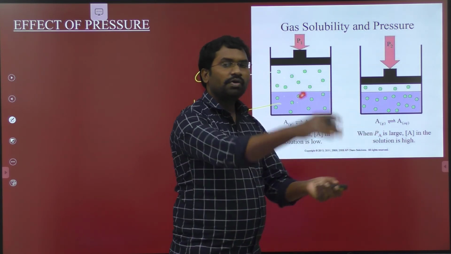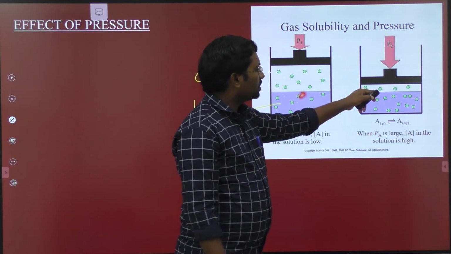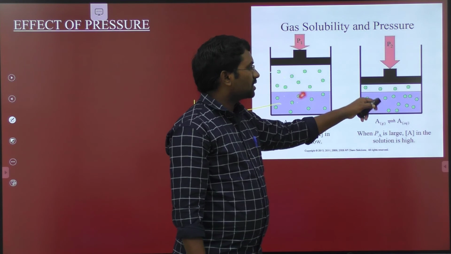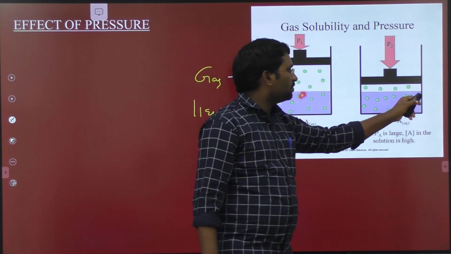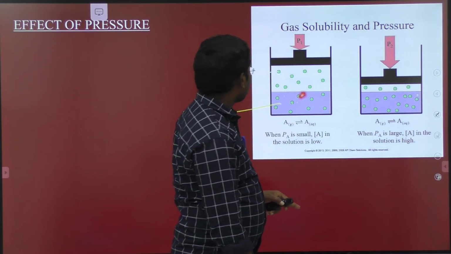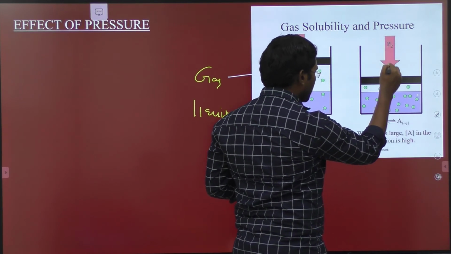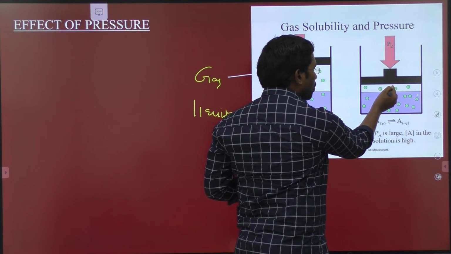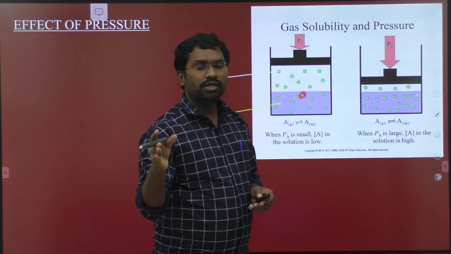When we apply more pressure, the gas will be compressed and more gas molecules strike the surface of the vessel. Finally, we have to identify that when we apply more pressure, more gas molecules enter the liquid and the solubility is more.